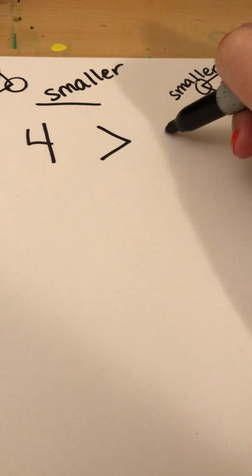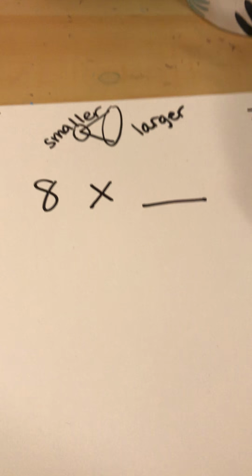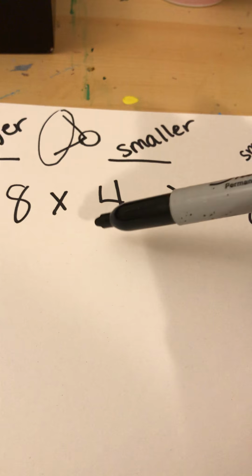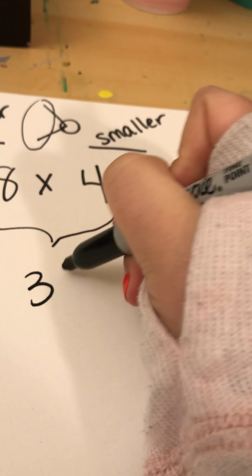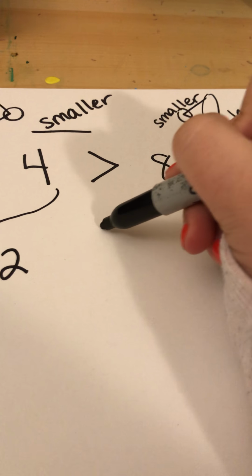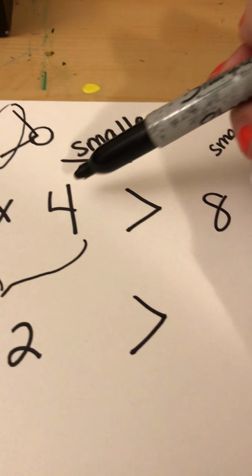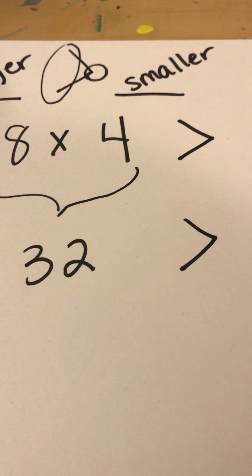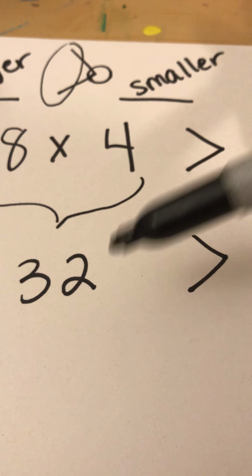Okay, so 8 times 4 is greater than 8 times blank. So we're going to pick a number that can go in this blank that's smaller than 8 times 4. So I have to do 8 times 4, and that's 32 is greater than, now I need to pick a number less than 4, because anything above 4, 8 times 5 would be 40. 8 times 6 would be 48. 8 times 7 would be 56, and that's all higher than 32.